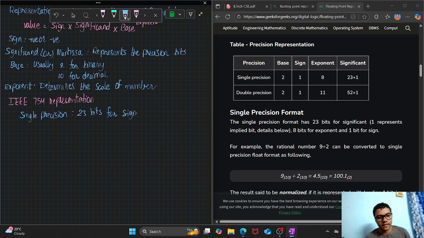For significand. And 8 bits for exponent, 1 bit for sign. This is how the single precision works, and the total is 32 bits.